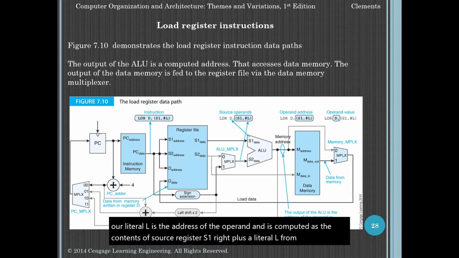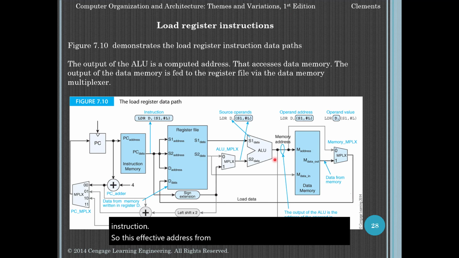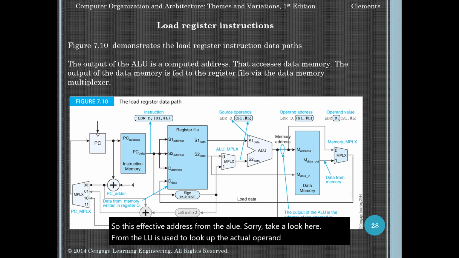So this effective address from the ALU is used to look up the actual operand in memory, which is then routed through the memory multiplexer to the destination port of the register file where it's stored at address D. So we can kind of see how this is taking place to get back down here into our D address, when we have a location that we need to look up. So again, not register to register, but loading and storing from memory.